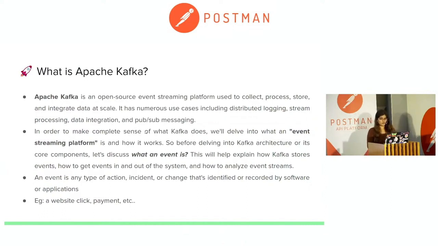Before delving into Kafka architecture or its core components, let's discuss what an event is. An event is any type of action, incident, or change that's identified or recorded by software or applications. For example, in this case, I'm sharing a PPT, so it's an event. A website click, or when you make a payment, is an event. That's a basic example of what an event is.